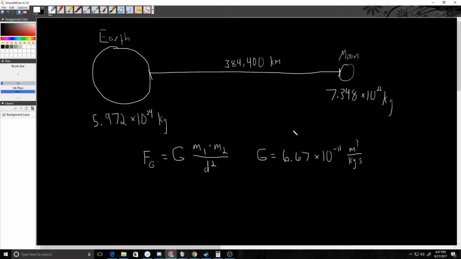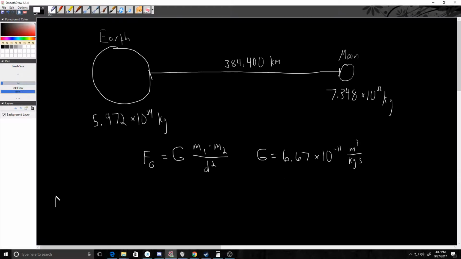You could convert this into kilometers or into grams. I would say you're probably better off taking the units that you get and converting them to match this constant because they all have to be the same. All right, so with this information, let's go ahead and start plugging in numbers.